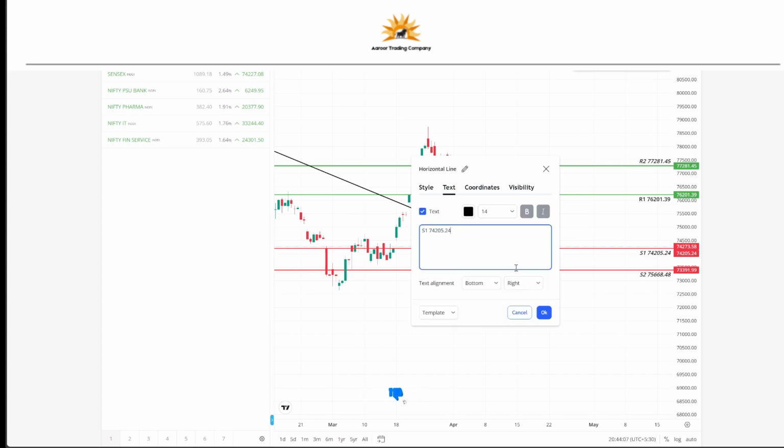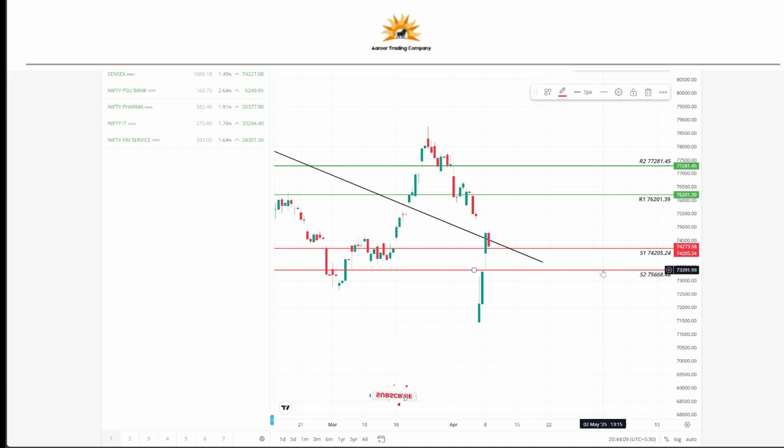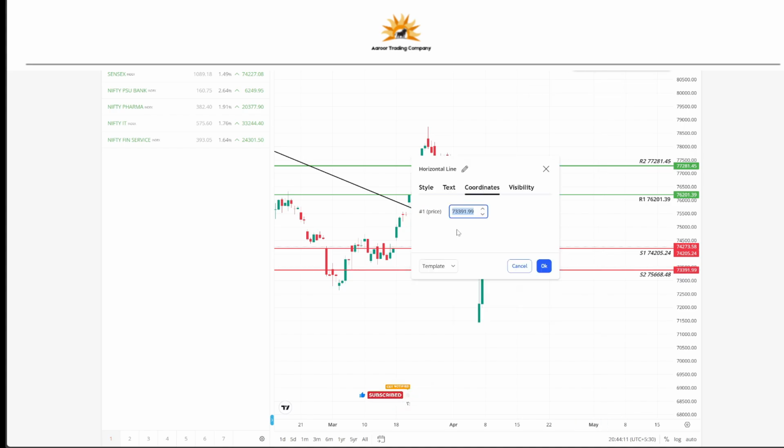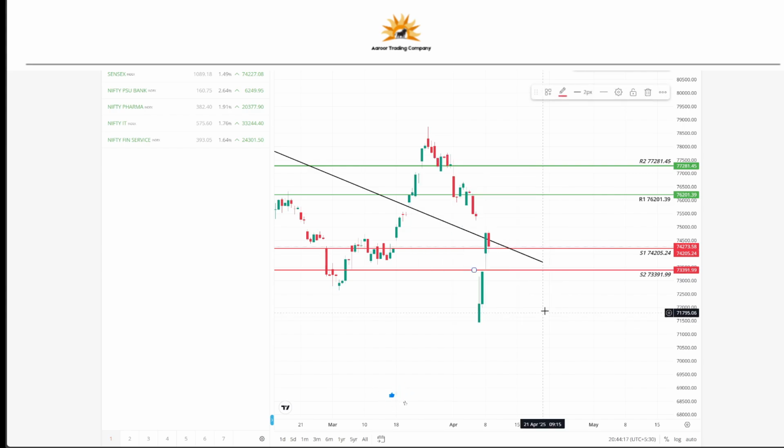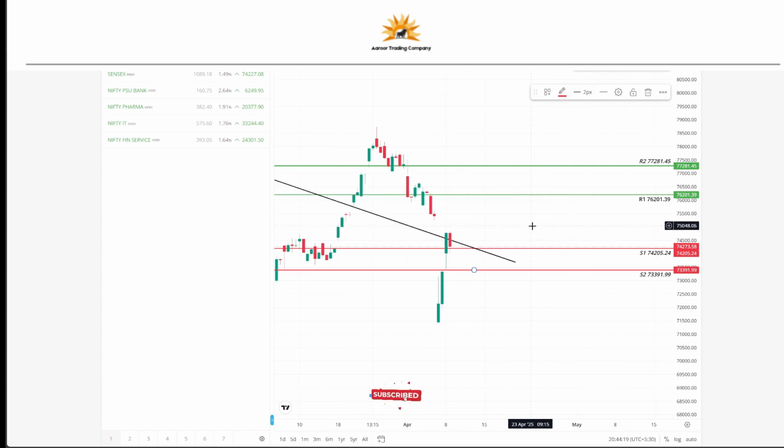Let's see this as well, 74,205. And the S2 coordinates are 73,391. So I think these are the key levels in the market, and it is useful to you. Mark the drawings on your chart. I think it will be totally useful to you for further analysis from your end.